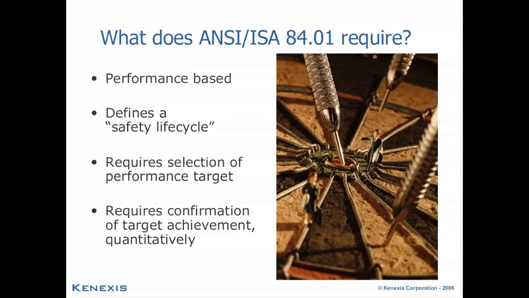It does require, and this is the difficult part for a lot of operating companies, each safety system, in fact even each function in those safety systems, to select a performance target, and then requires that those performance targets be confirmed, that achievement has been quantitatively verified.